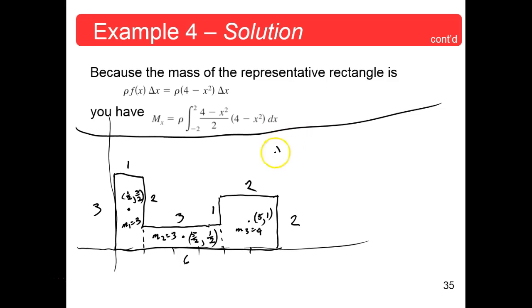So your x bar, remember, is your moment with respect to the y-axis, basically. So for the first one, its x displacement is 1/2 times 3, plus 5/2 times 3, plus 5 times 4, divided by the total mass, 10.